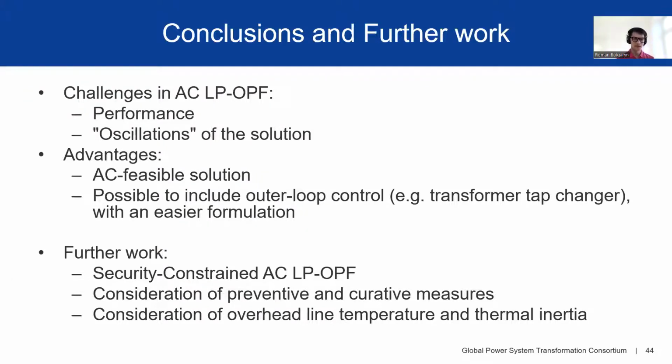And it is possible to separate the overall problem into the power flow calculation problem and the OPF problem, and also to include the outer loop power flow control functionality, for example, transformer tap changer, and this allows for a faster, a shorter way towards the solution of the problem in terms of the implementation.